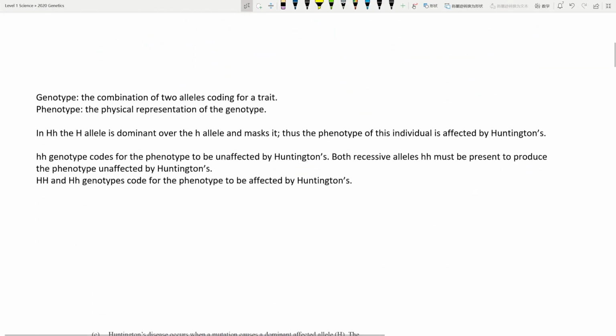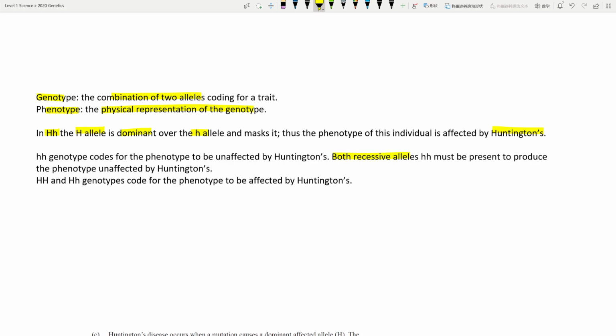Let's have a look at the answers here. Genotype is a combination of the alleles. Phenotype is a physical representation of the genotype. Remember the H allele is dominant. So in heterozygous, capital H lowercase h, the dominant allele shadows the small h, and the phenotype is affected by Huntington's.